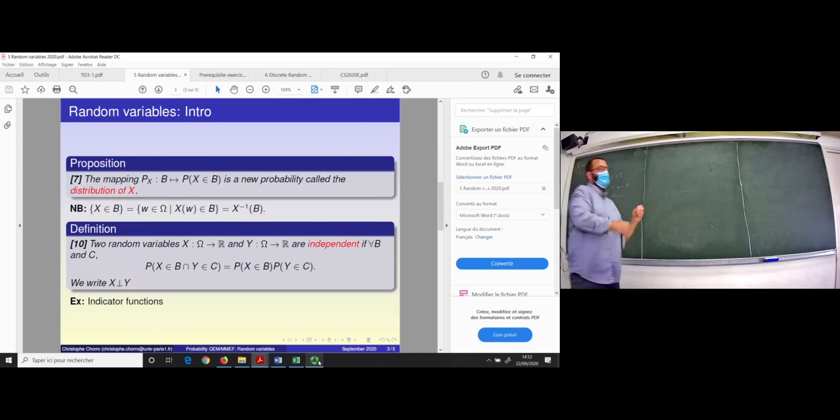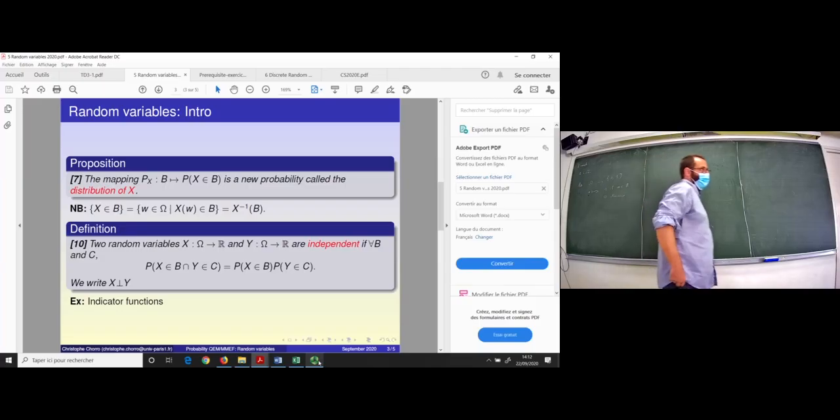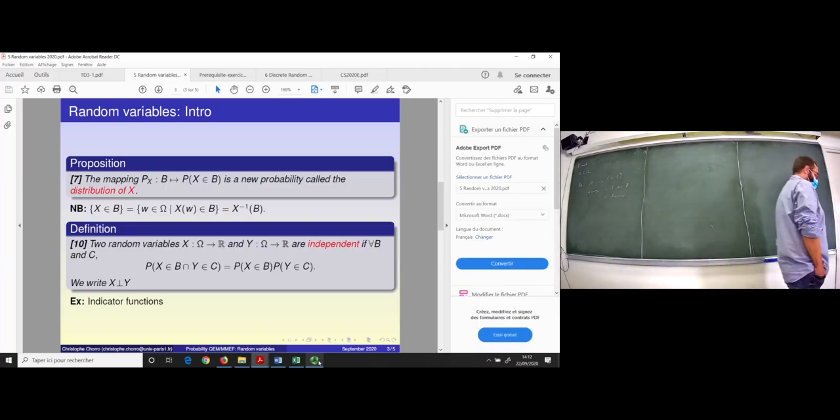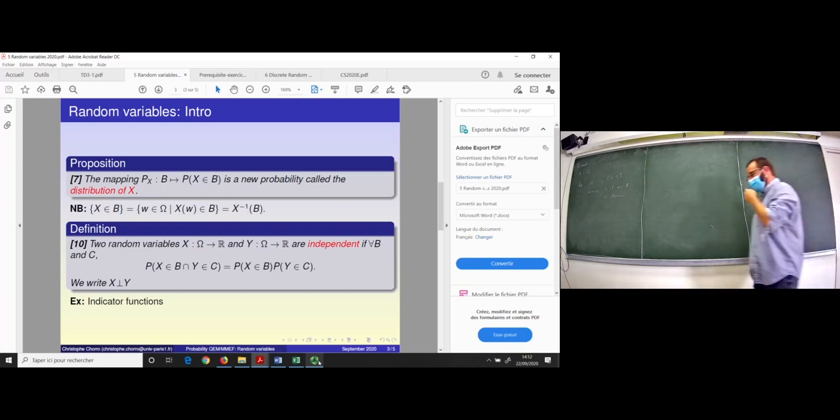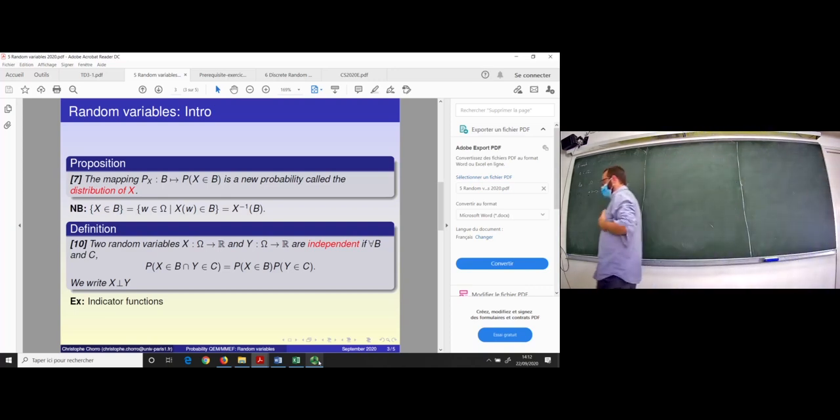So, proposition and definition. We are going to first define what is the distribution of a random variable. Our job in the next sessions will be to see particular cases of distributions: binomial, Bernoulli, geometric, Poisson, Gaussian distribution, exponential distribution, but all these particular cases come from these basic definitions.